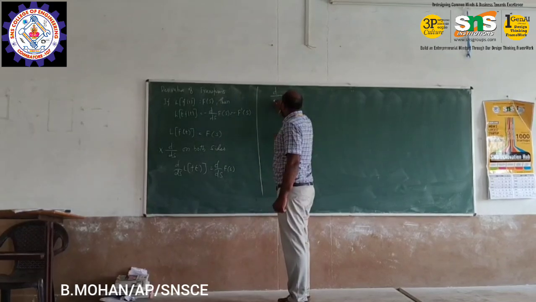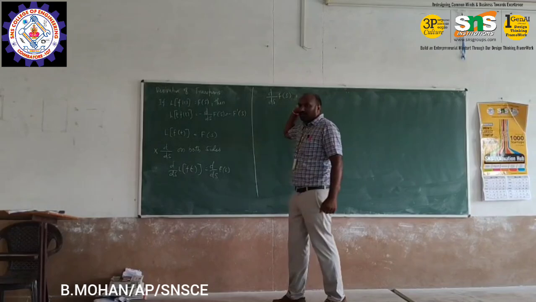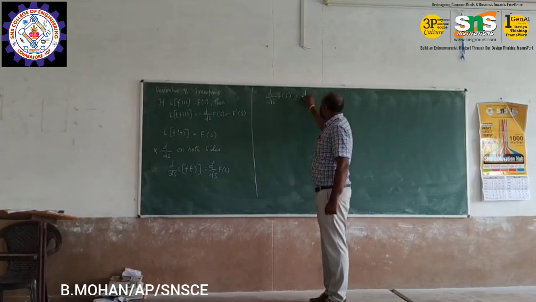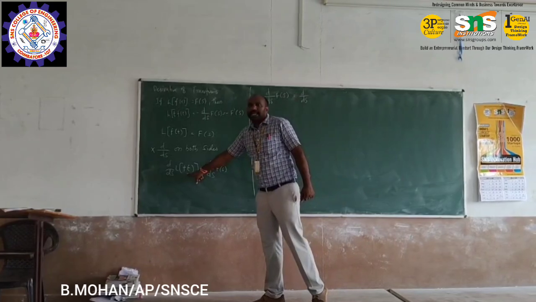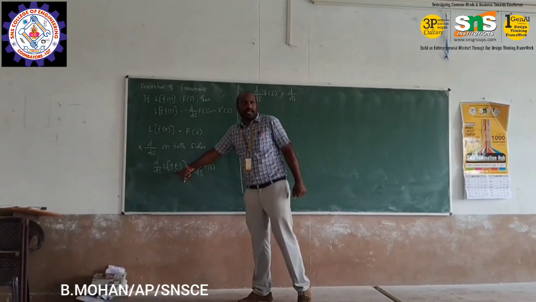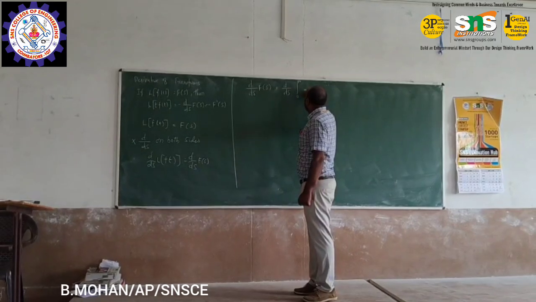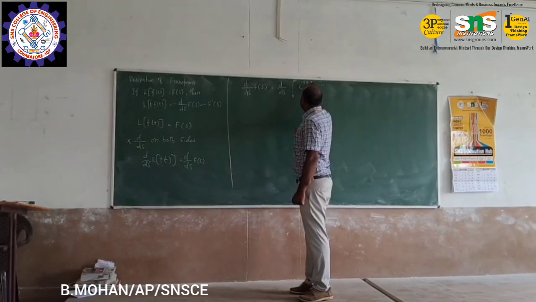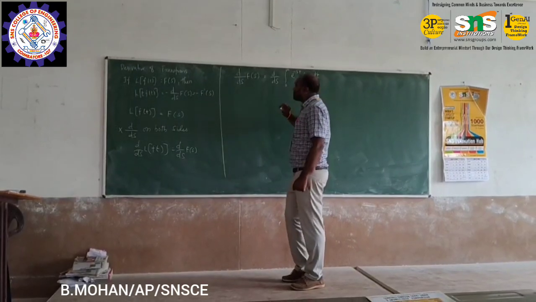Here, d by ds of F of s is equal to d by ds of L of f of t. As per the Laplace definition, it is the integral from 0 to infinity of e power minus st into f of t dt.